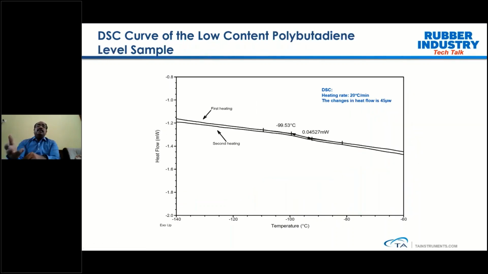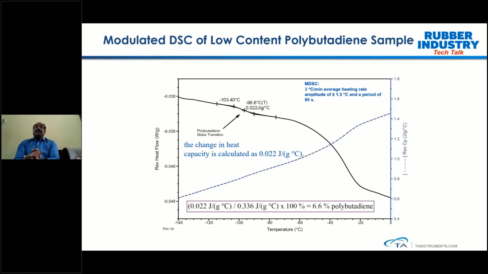Now, when you come to the low content polybutadiene, because this is the unknown sample, we want to understand how much polybutadiene is present in this particular polymer. When you look at that, it is very difficult, nearly impossible, to detect the glass transition temperature which corresponds to the polybutadiene. Now, what we are doing is testing the same samples in modulated DSC.